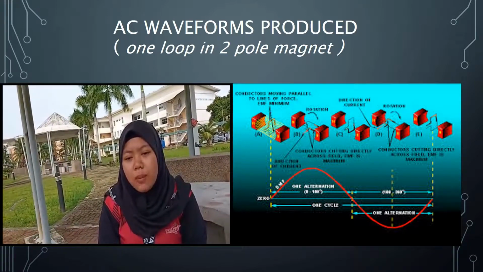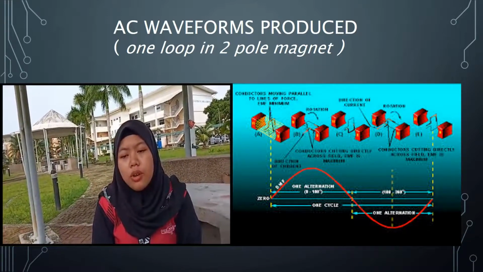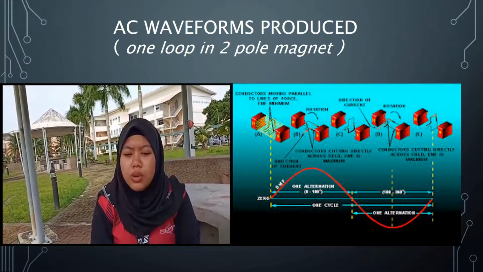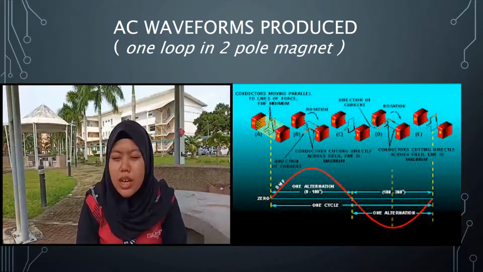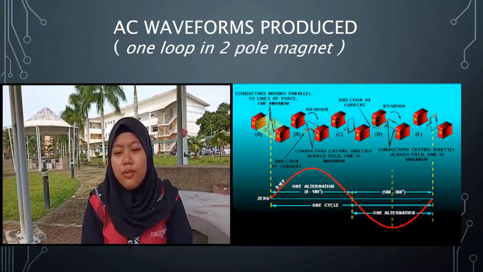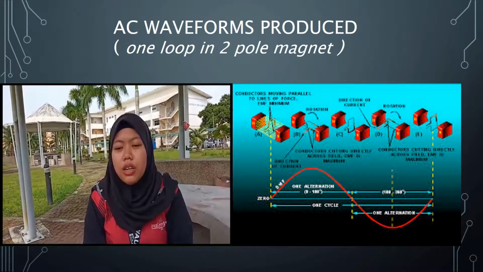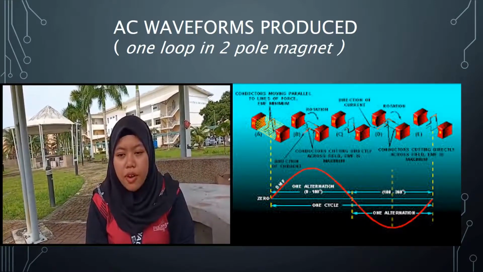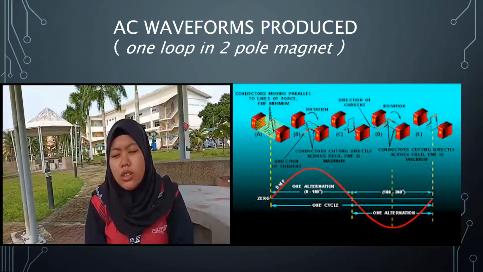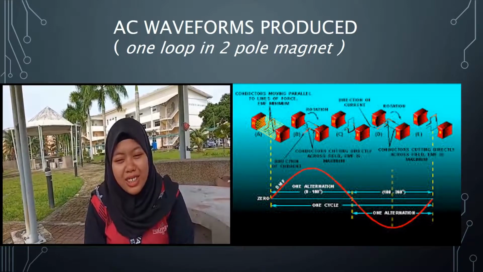Because the conductor is now cutting directly across the field, the voltage induced in the conductor is maximum. When the value of induced voltage at various points during the rotation from A to B is plotted on a graph and the points connected, the curve appears as shown below.